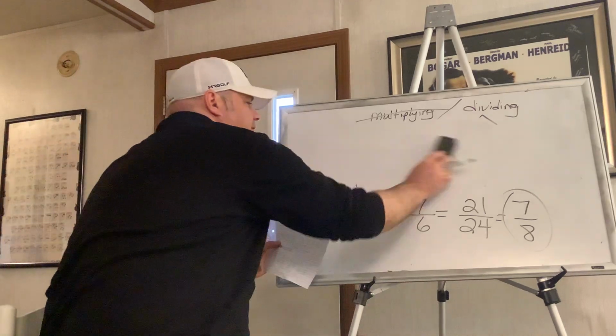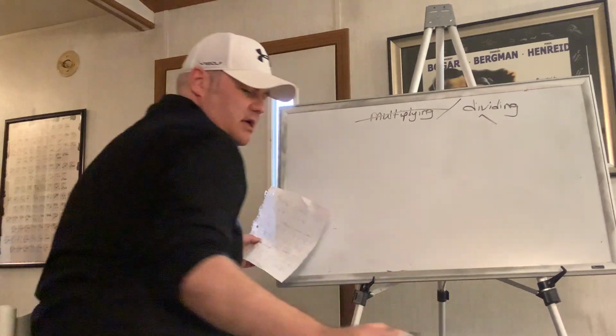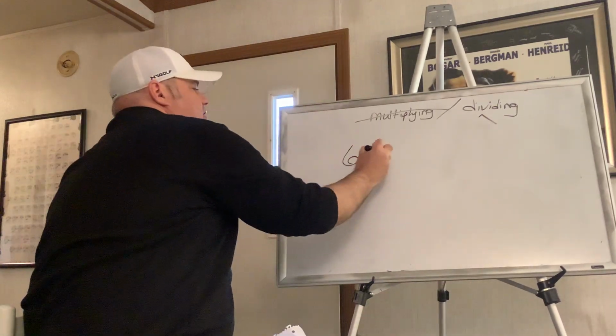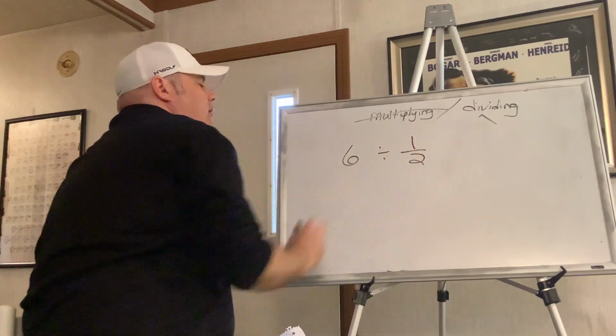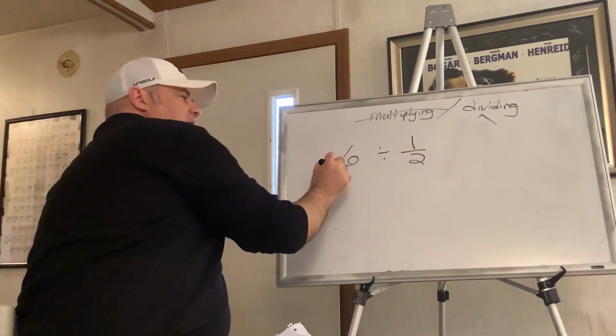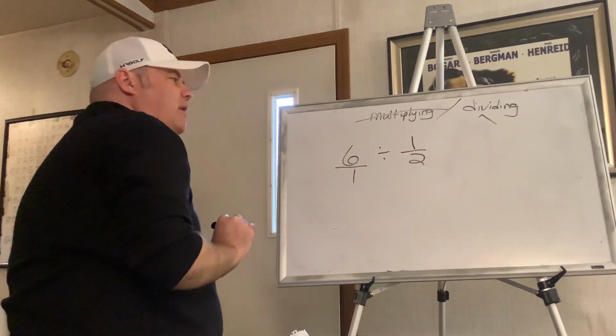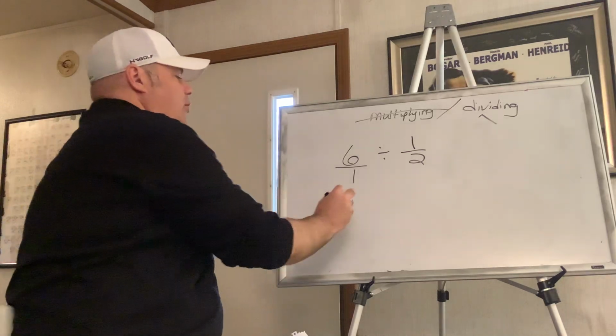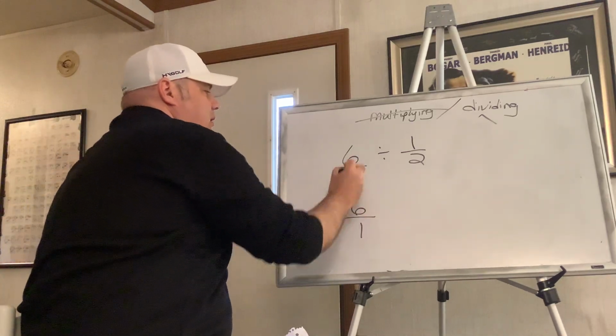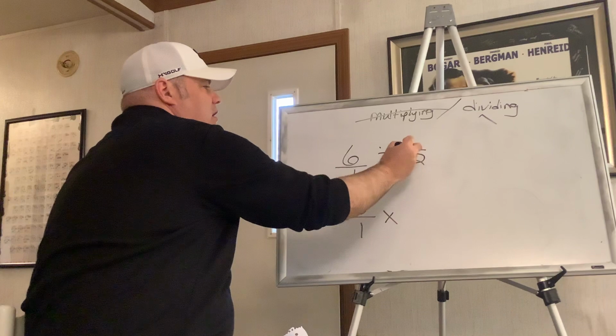Let's mix in a few whole numbers. Let's say I do 6 divided by 1/2. Now what that means is I need to make this a fraction to do my problem. So remember it's 6/1. So keep, change, flip.